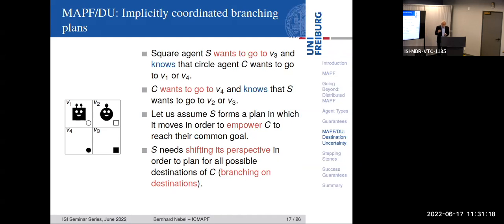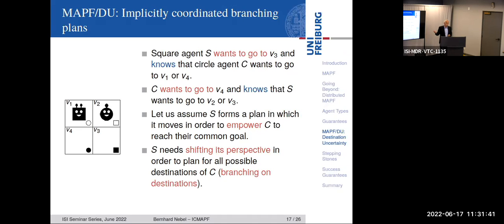In order to do that, he must also plan for the other agent, so he must shift his perspective. He must step into the shoes of agent C and plan for all the possible destinations of C, the circular agent.